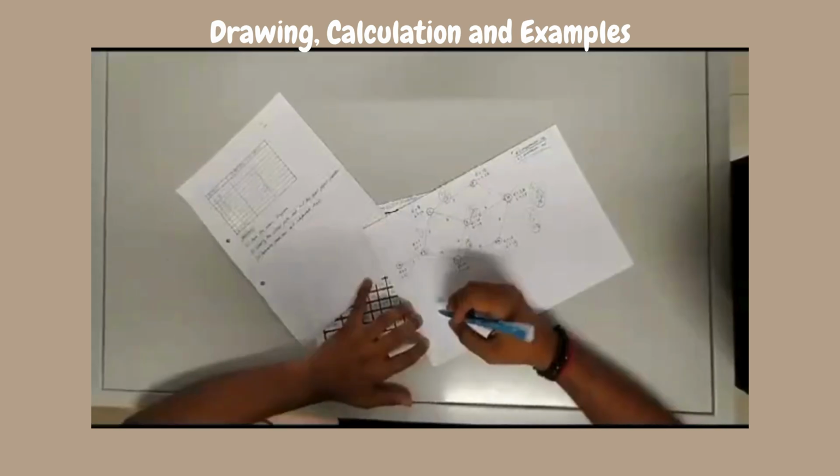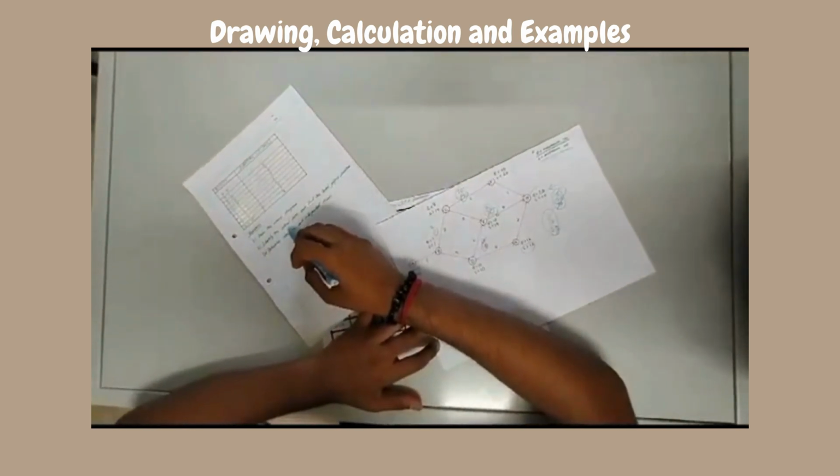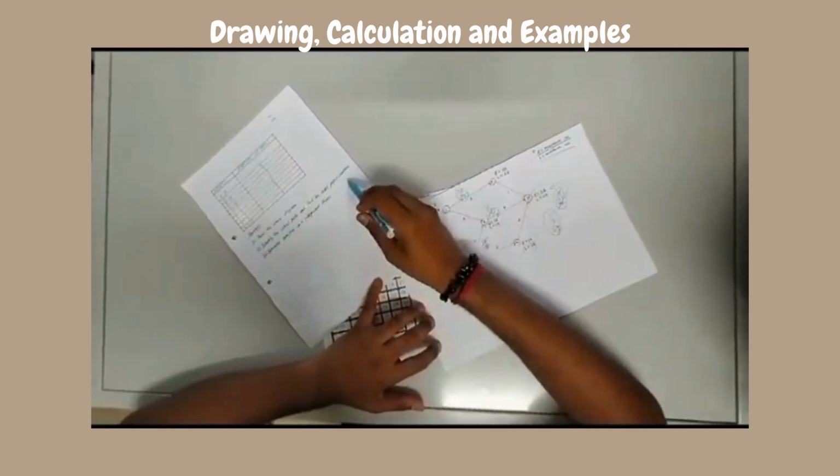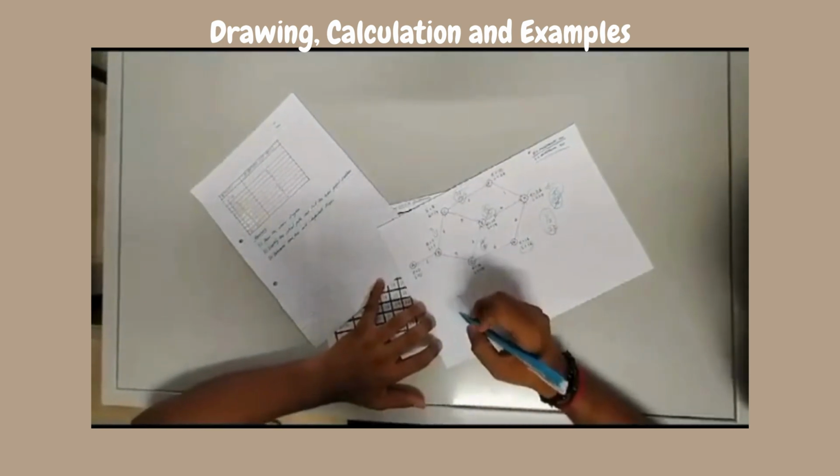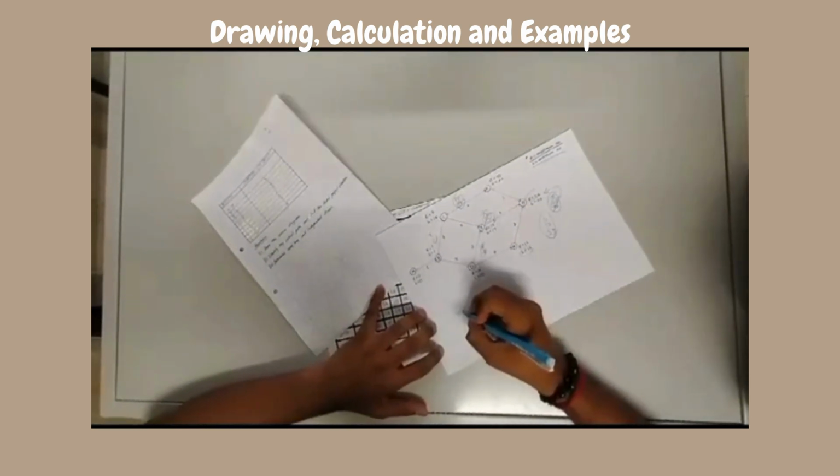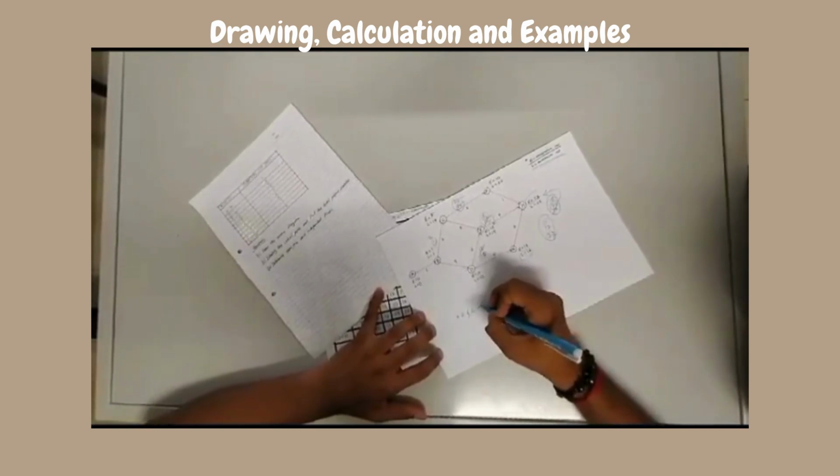That's all. So now the question asked to identify the critical path and find the total project duration. When it comes to the critical path, we have to keep in mind that the E and L values must be the same.